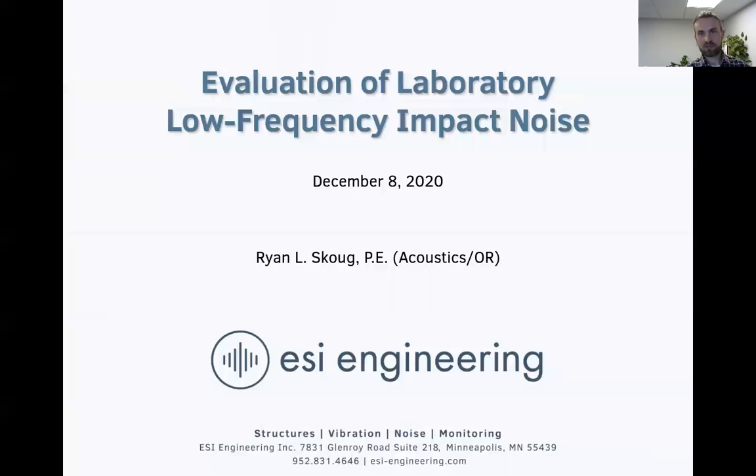So today I'm going to be presenting some more on our review of low frequency impact noise. Last year, we looked at some of our findings from the field tests that we've done.